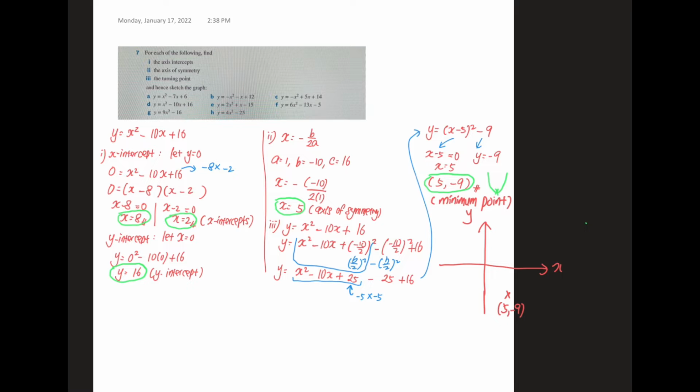And then we have the x-intercepts, which are 2 and 8. So you should expect the graph to intersect here and here, at 2 and 8.